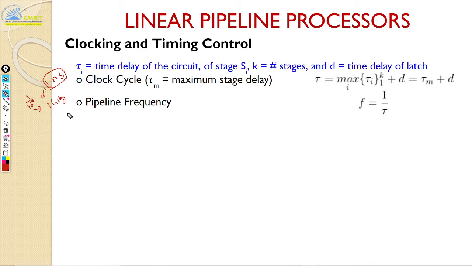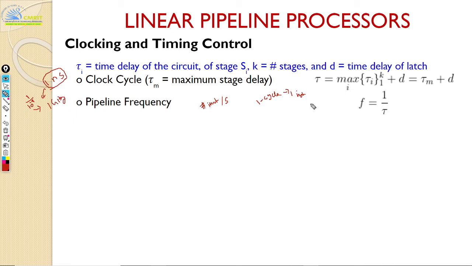Now, what will be my throughput? What could be my maximum throughput in a pipeline? Throughput is nothing but the number of instructions per second, correct? Now you know that after the pipeline is set up, if you take any random window in between, in every clock cycle, one instruction is coming out.